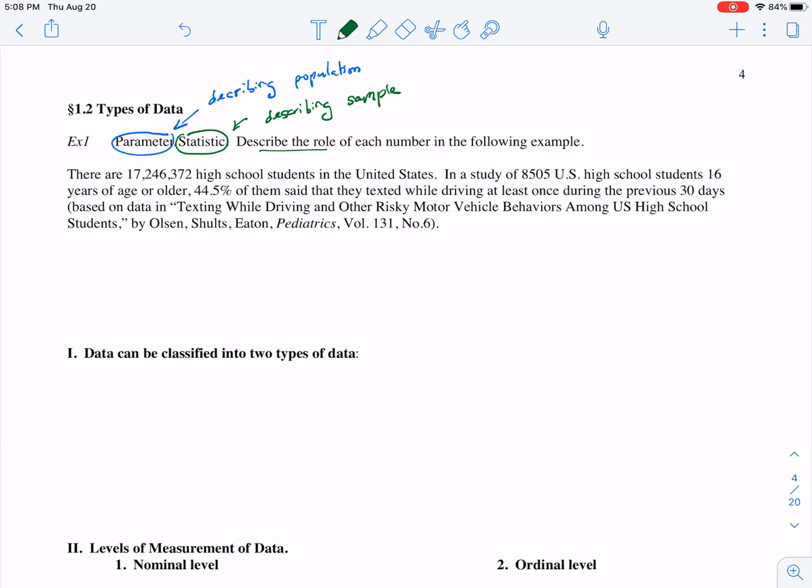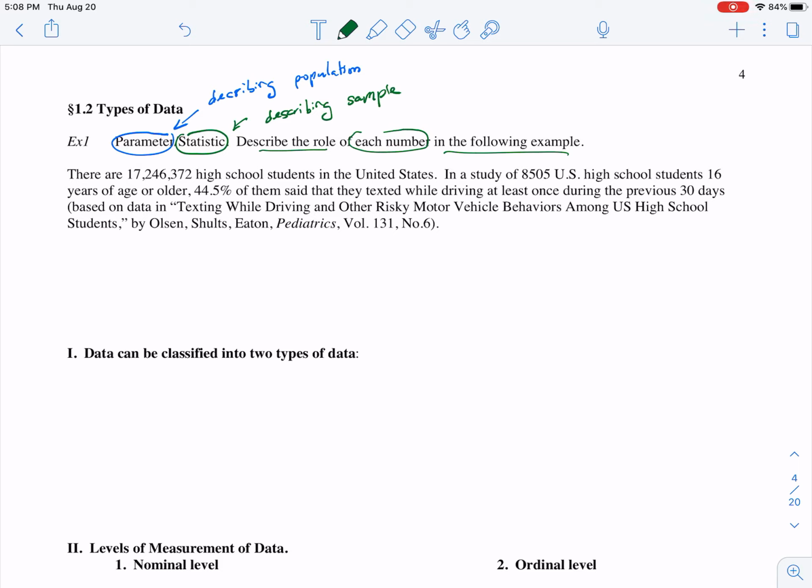It says describe the role of each number in the following example. There are 17,246,372 high school students in the United States. In a study of 8,505 U.S. high school students 16 years of age or older, 44.5% of them said that they text while driving at least once during the previous 30 days.